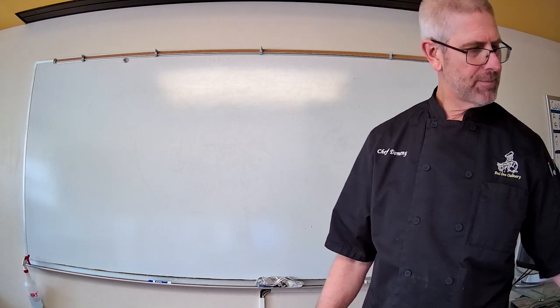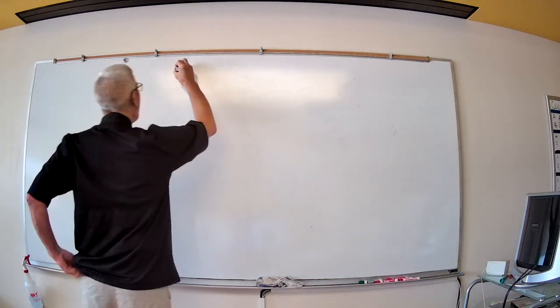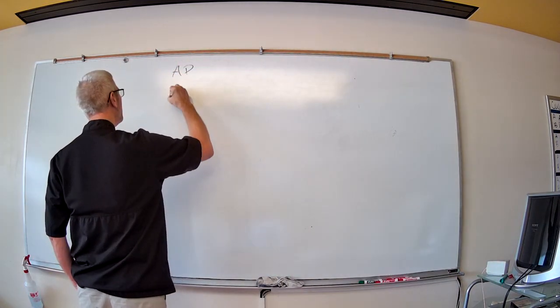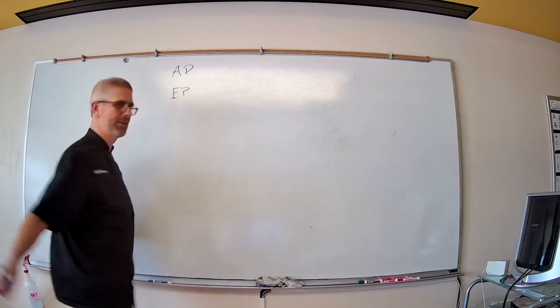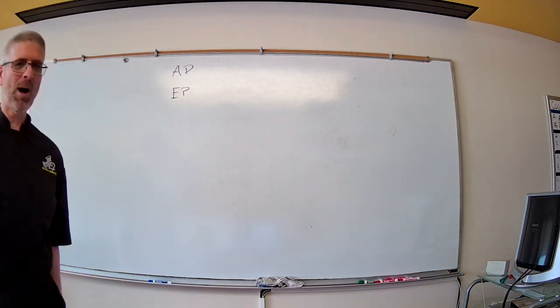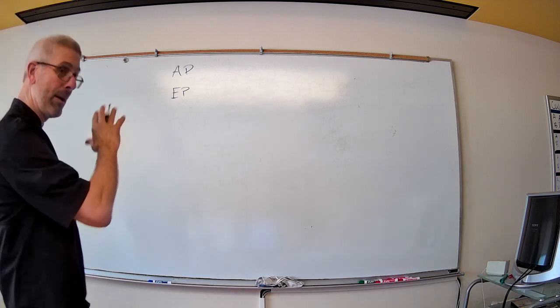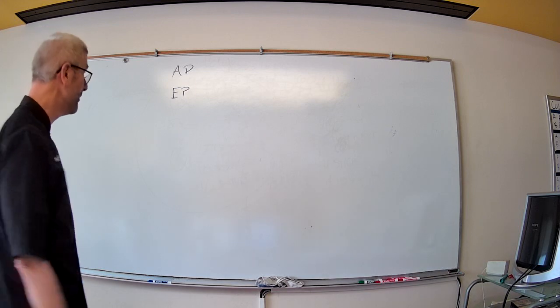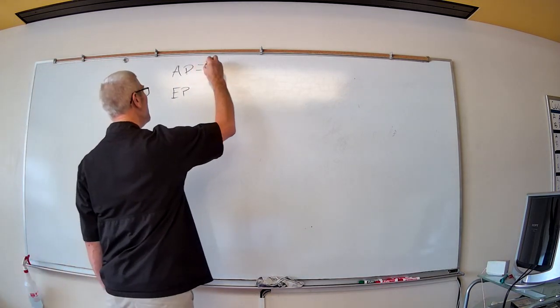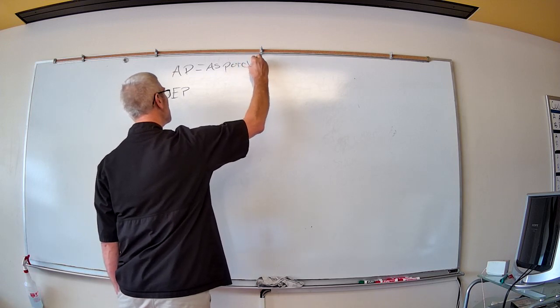edible portion and as purchased. Okay, so AP and EP, and you're going to hate me for this. You can ask any students I've had, they hate this part, but you have to learn how to cost out recipes. Okay, and we're kind of moving toward costing out recipes here. AP is considered as purchased.